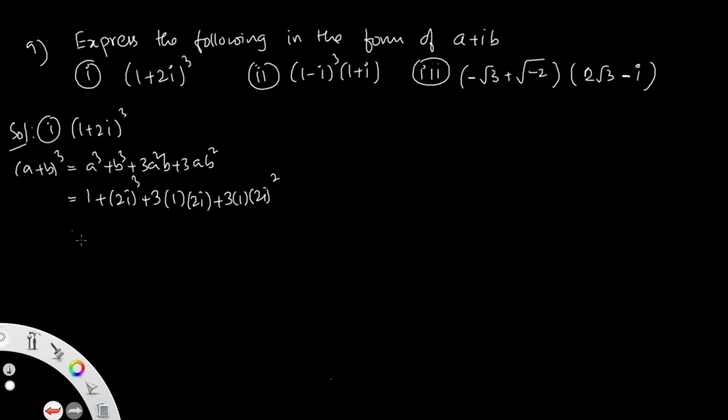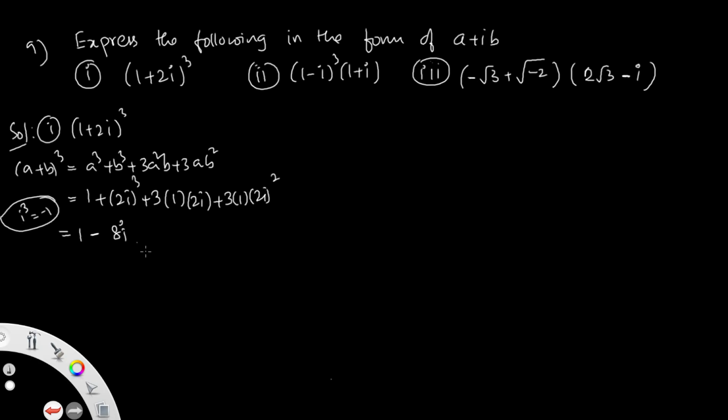Just to simplify, i cube is nothing but minus i. So that is minus 8i cube, minus 8i. Why have we written this? Because i cube equals minus i.